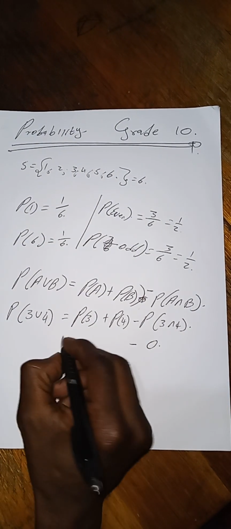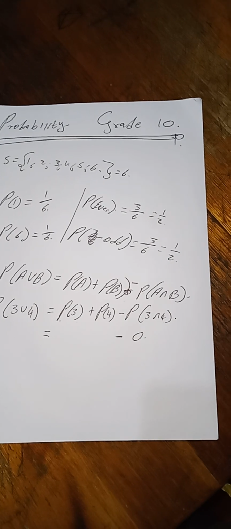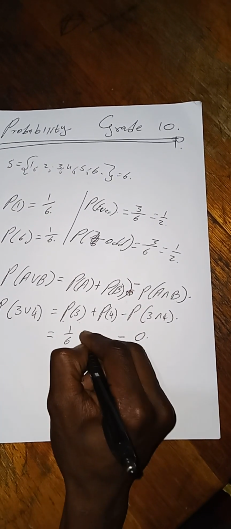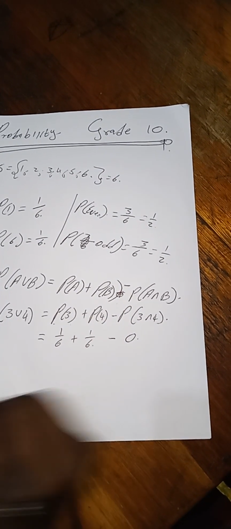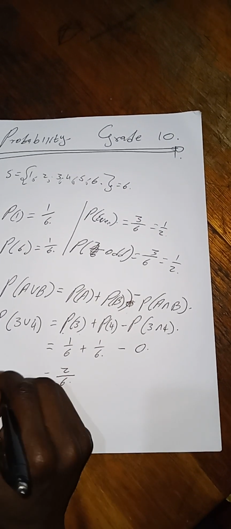Therefore, the probability of getting 3 is how much? The probability of getting 3 is 1 out of 6 possible chances, and the probability of getting 4 is 1 out of 6 possible chances, which is going to be equal to 2 out of 6.